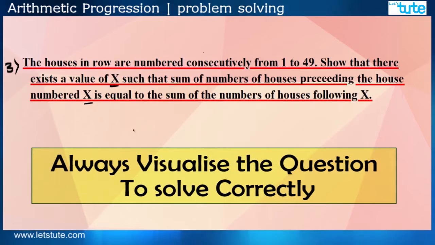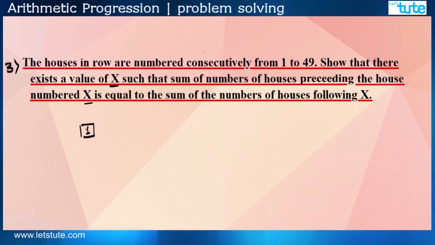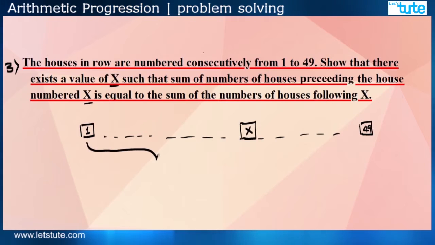Now how to picturize this question in your mind? This is our first house, house number 1, and so on till house number 49. Now the question is saying that there exists a value x such that the sum of the numbers of the houses preceding x, that means from 1 up to x minus 1, must be equal to the sum of the numbers of the houses following x, and after x it will be x plus 1.